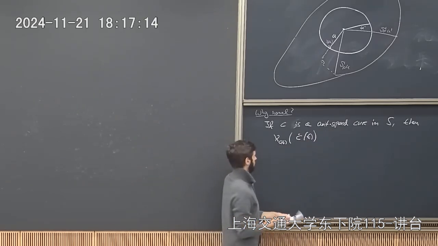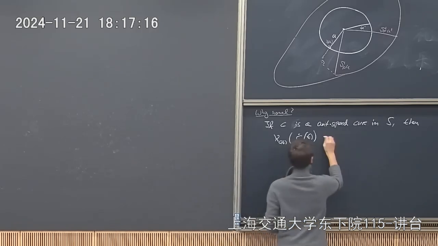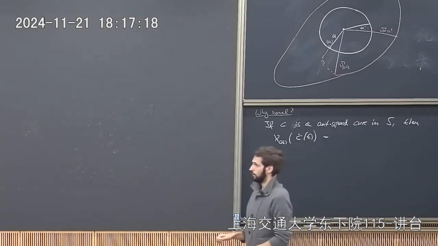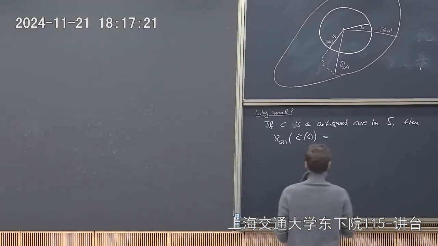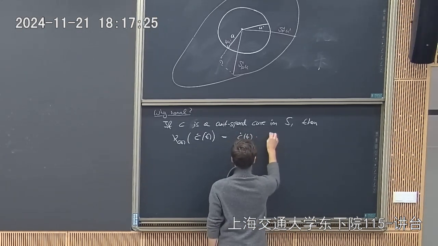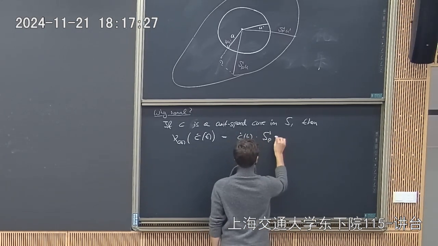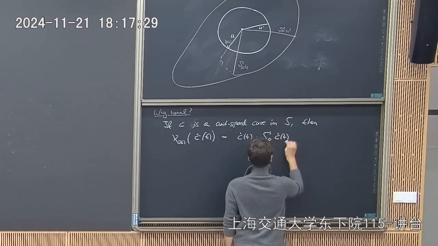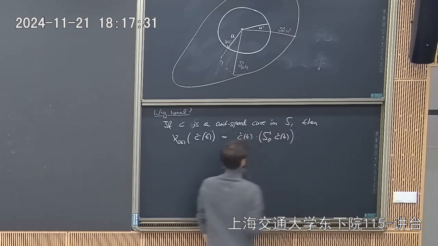And now we want to calculate that and see what happens, and then relate it to the curvature of the curve. So that's by definition nothing else than C' of t times the shape operator of P applied to C' of t.